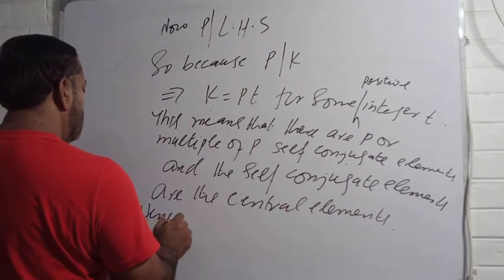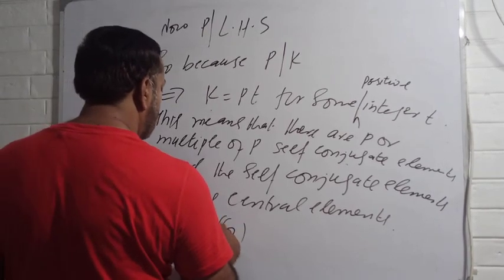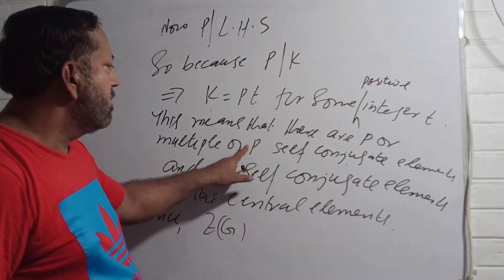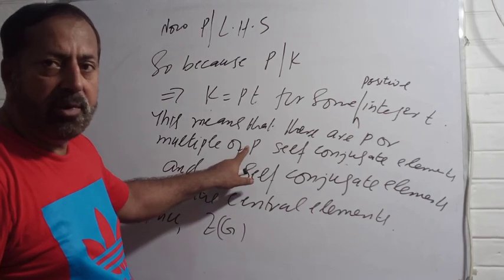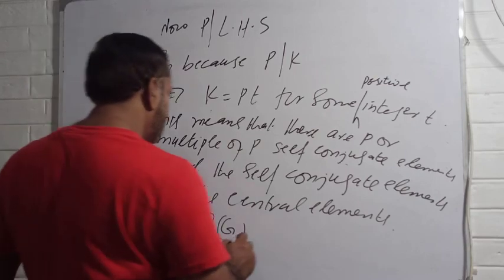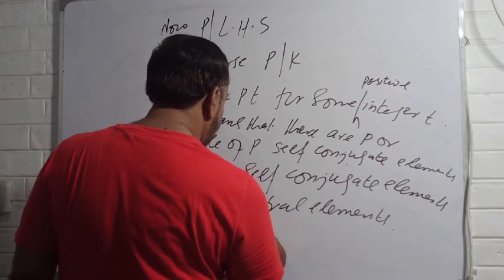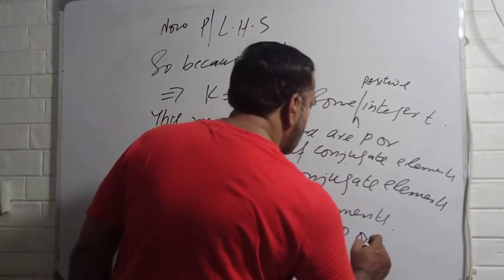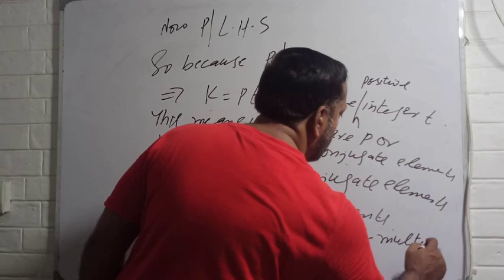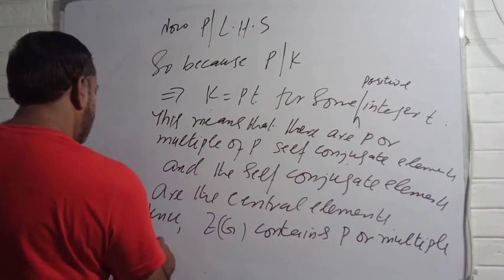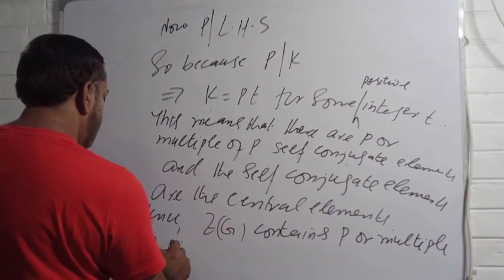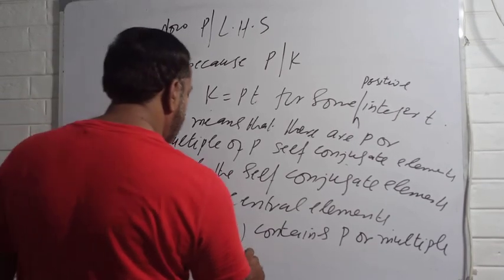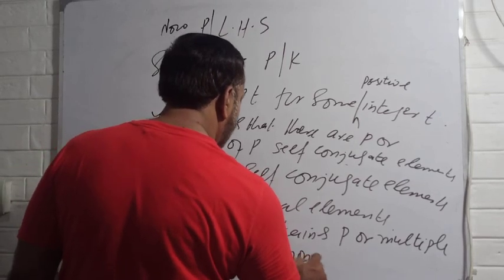Hence the center of G, where G is a P group, contains more than one element. The center of G contains P or a multiple of P elements, so it is non-trivial.